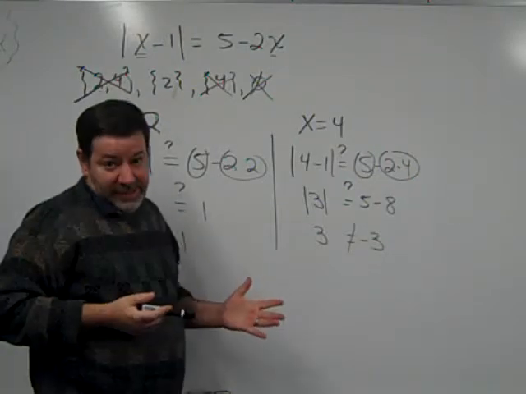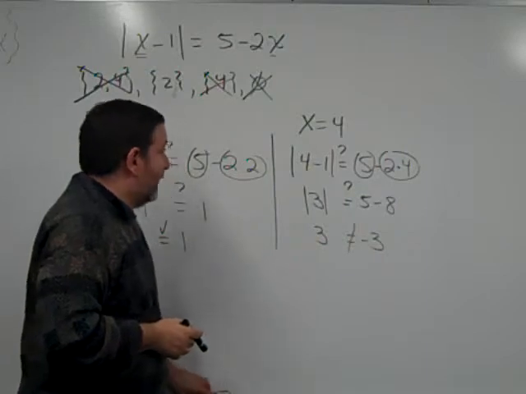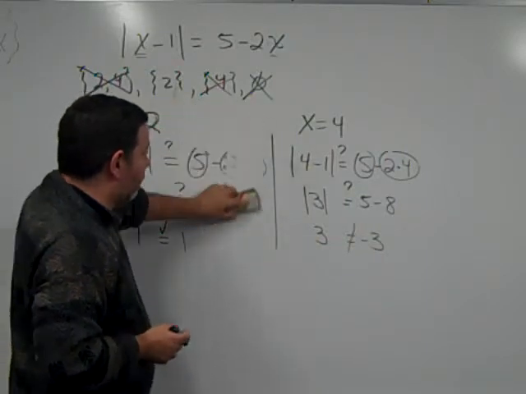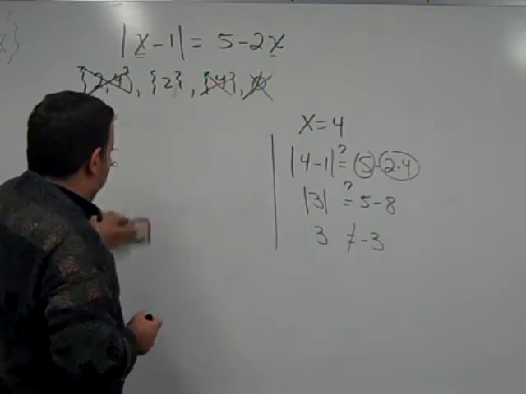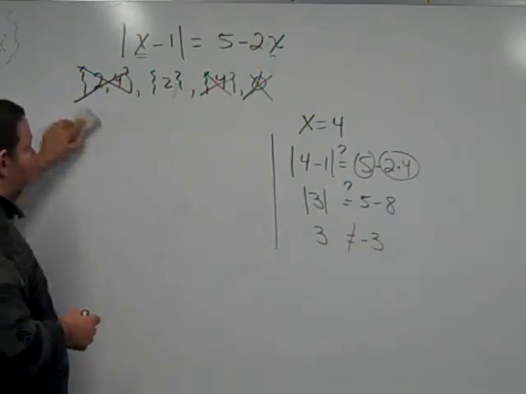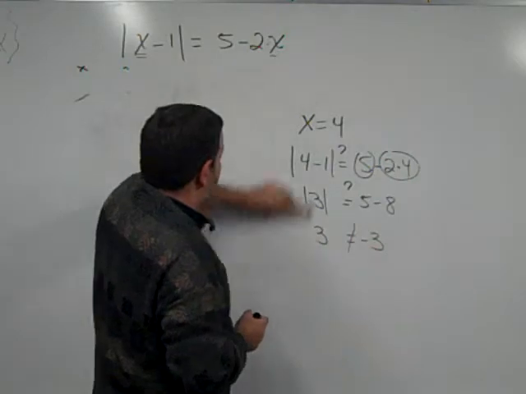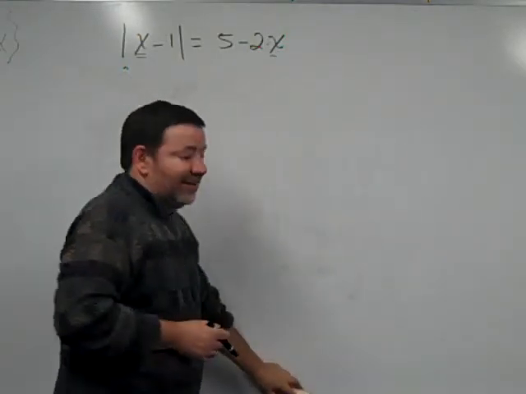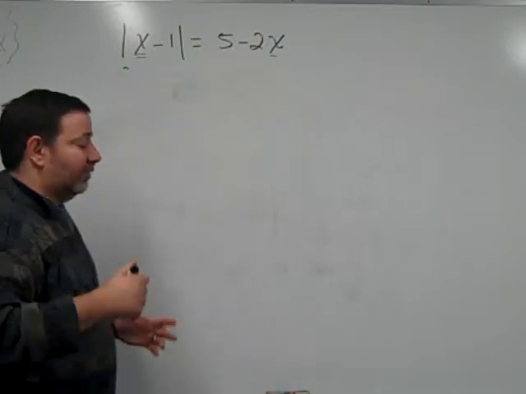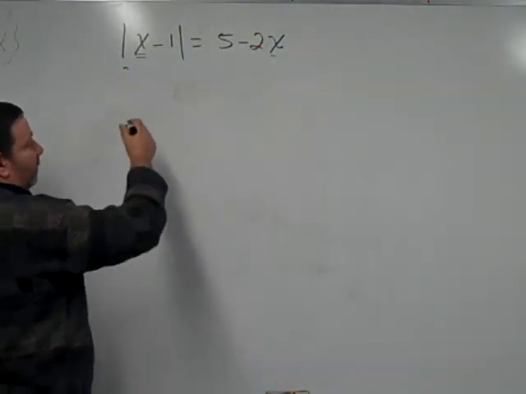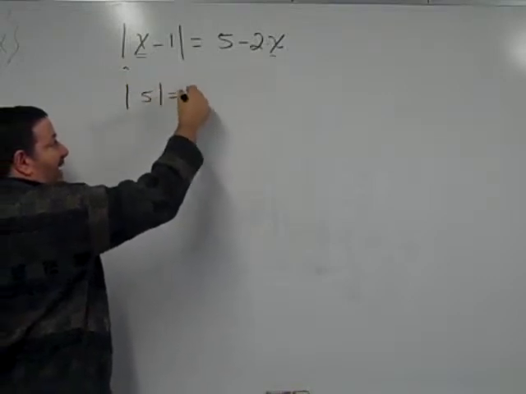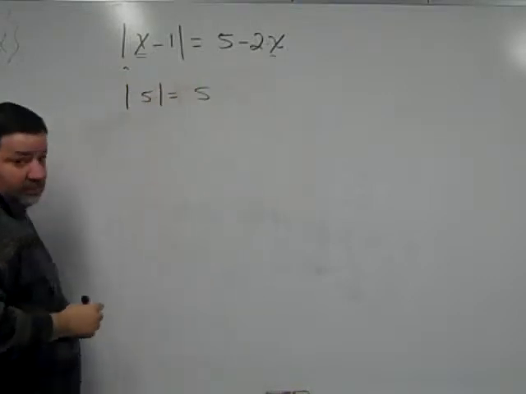Now, what if you didn't have the choices, or maybe you thought it was going to take too long to do what I did? That is, you want to work out this problem. The first thing you have to do is understand absolute values. The absolute value of a positive number is that same number.